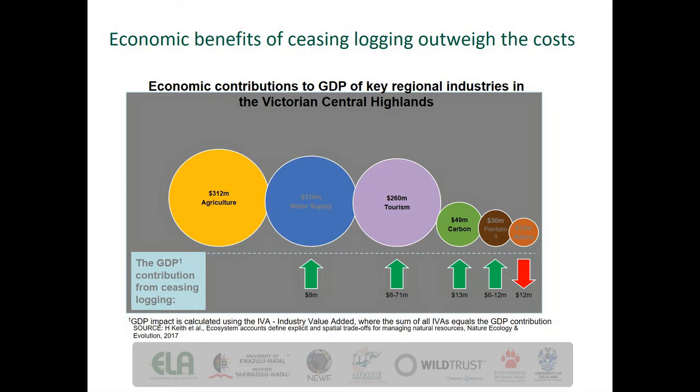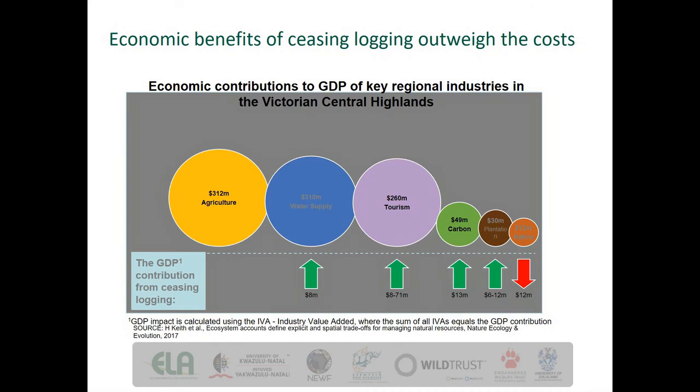So this has been really quite important for several reasons. The first one is it's really alerted the state government of Victoria to rethink the different values of these native forest assets, but it's also reinforced the importance of monitoring.